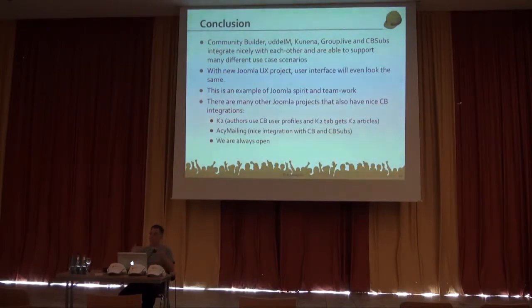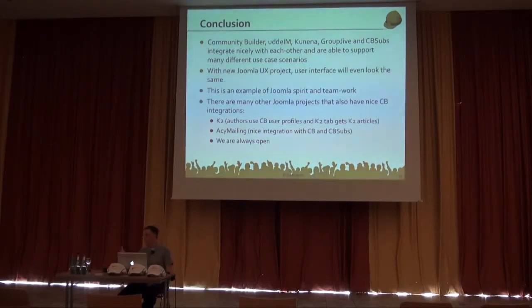We hope when the Joomla UX project comes out, the extensions will not only integrate nicely together, but they'll actually look and feel very similar, because we're all going to be using the same Bootstrap interface. So that will be even better for the end user and for the integration aspects that we're working on. This is an example of Joomla team spirit. Most of these are open source extensions. The teams have their specific goals, but we still feel that integration is very important. And hopefully this example will propagate into other projects.